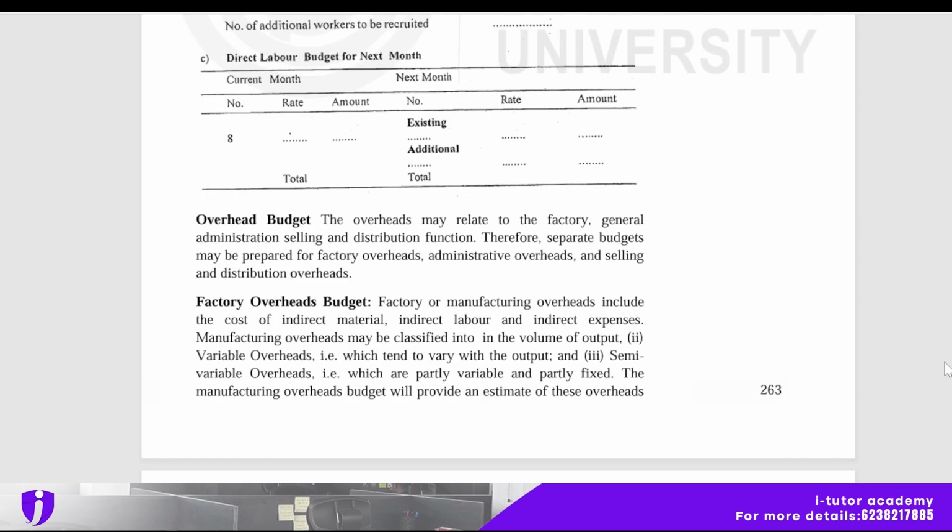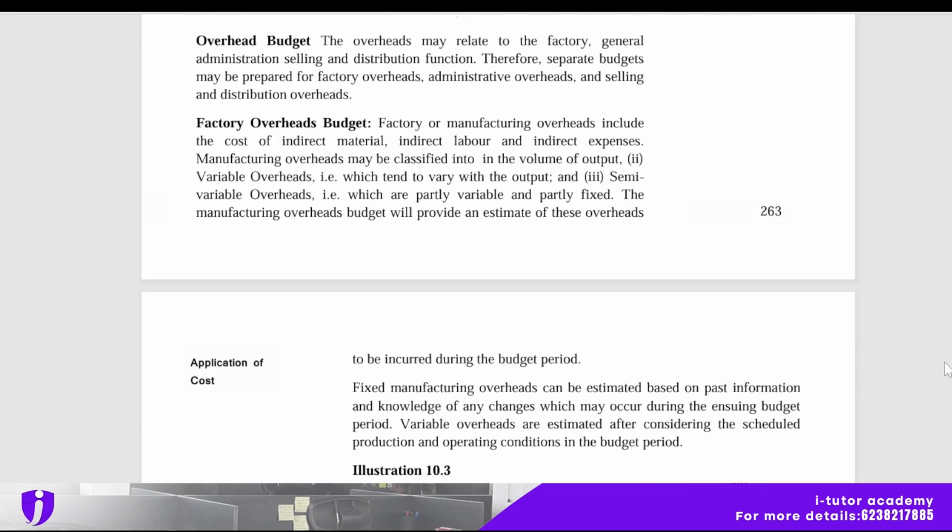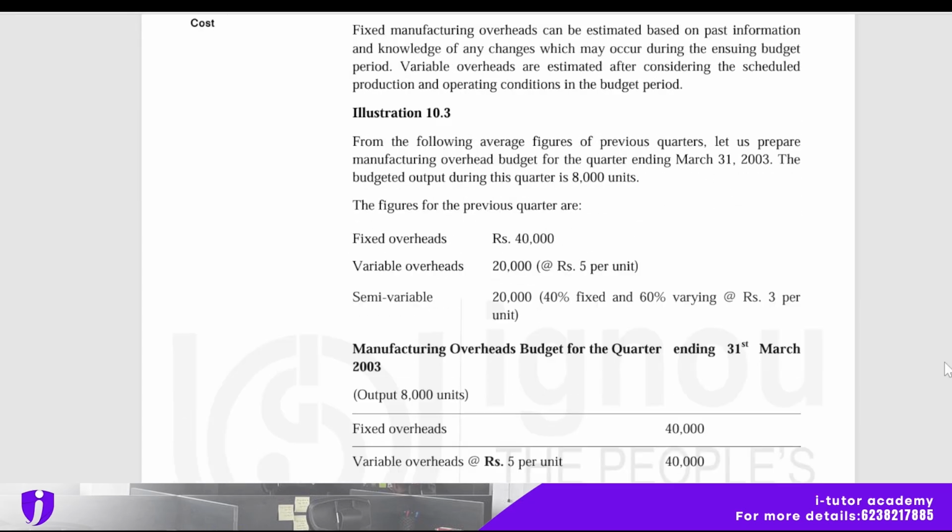Overhead budget. The overhead may relate to the factory, general administration, selling and distribution function. Therefore, separate budgets may be prepared for factory overheads, administrative overhead and selling and distribution overheads. And factory overhead budget. Factory or manufacturing overhead includes the cost of indirect material, indirect labor and indirect expenses. And an illustration also from the same.